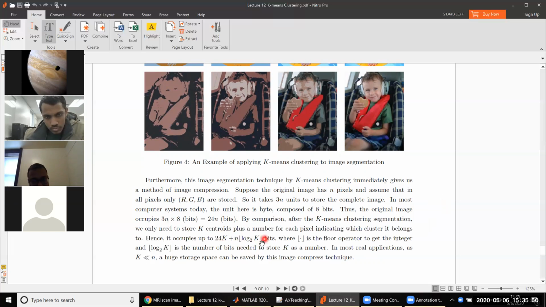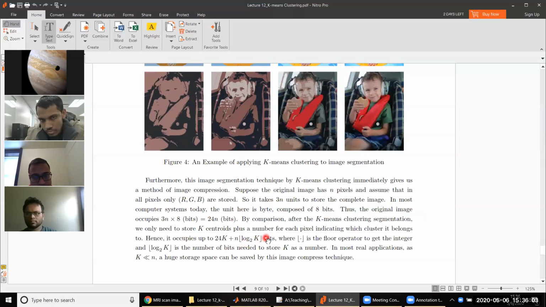It means how many bits you need to store this K. For example, suppose K equals 8. You need 3 bits, 1, 0, 0, actually 4 bits. I should say plus 1. It should be log 2K plus 1. So you need 4 bits to store the digit 8. So this floor of log 2K plus 1 is the number of bits needed to store this number K, and this is for each pixel, so you need n such pixels.